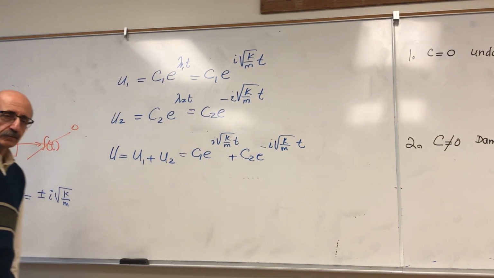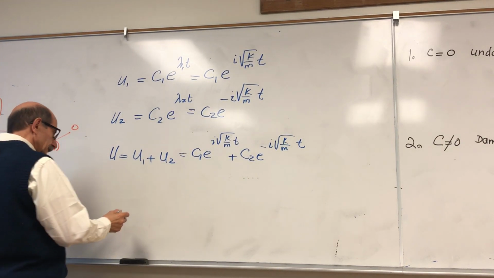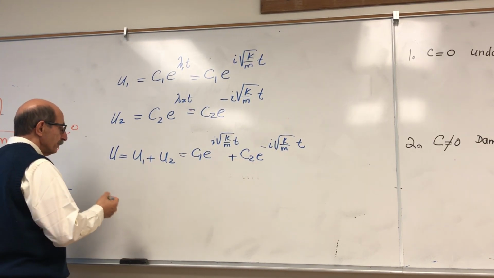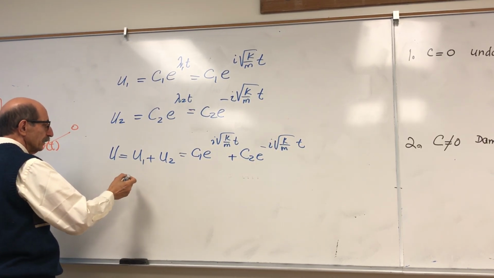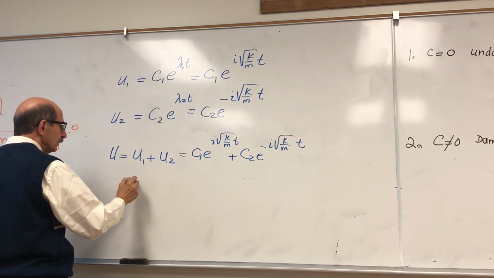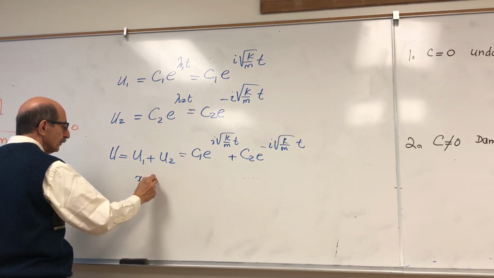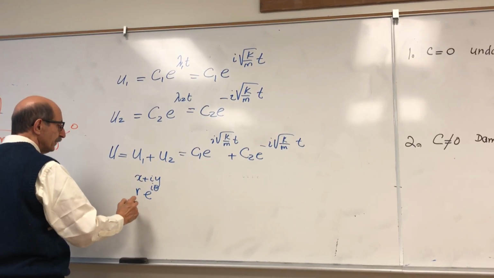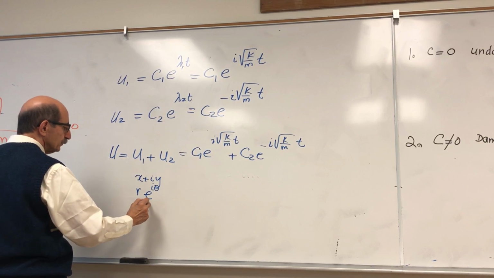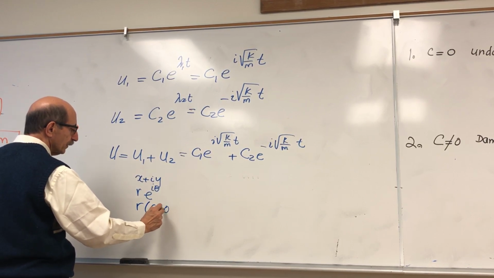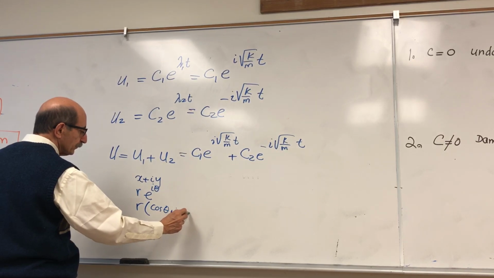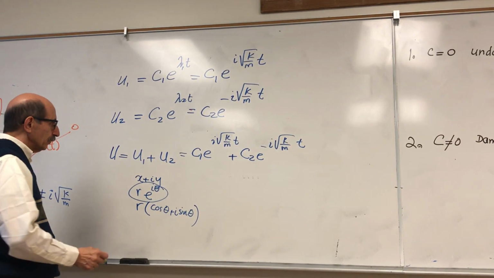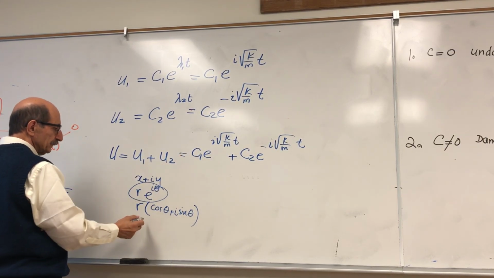You remember from Mr. Euler that a complex number can be written in several forms. One was this, the other one was r e to the i theta, and this is equivalent to r times cosine theta plus i sine theta. So this form is not that desirable, so I'm going to convert that into this form.